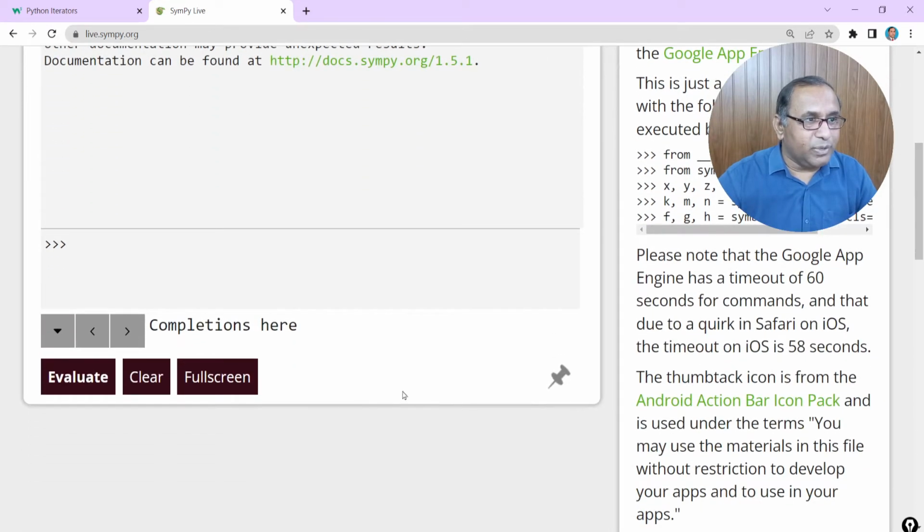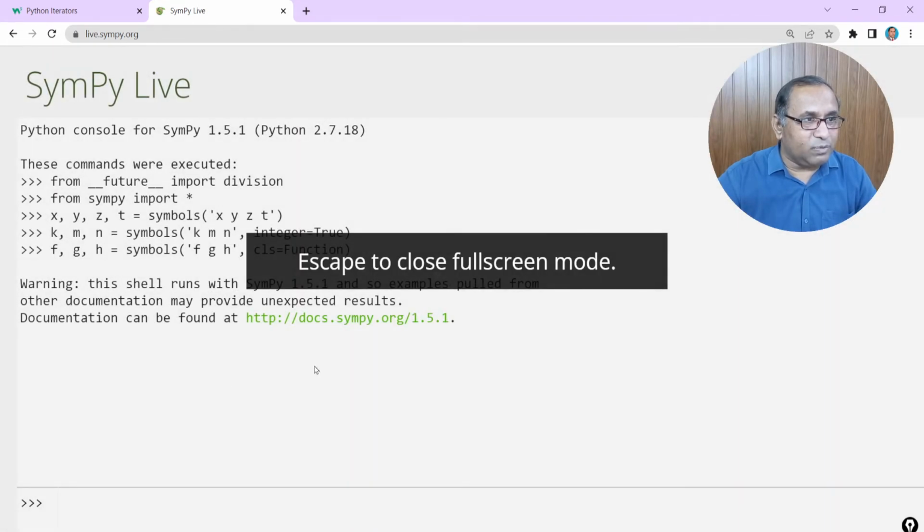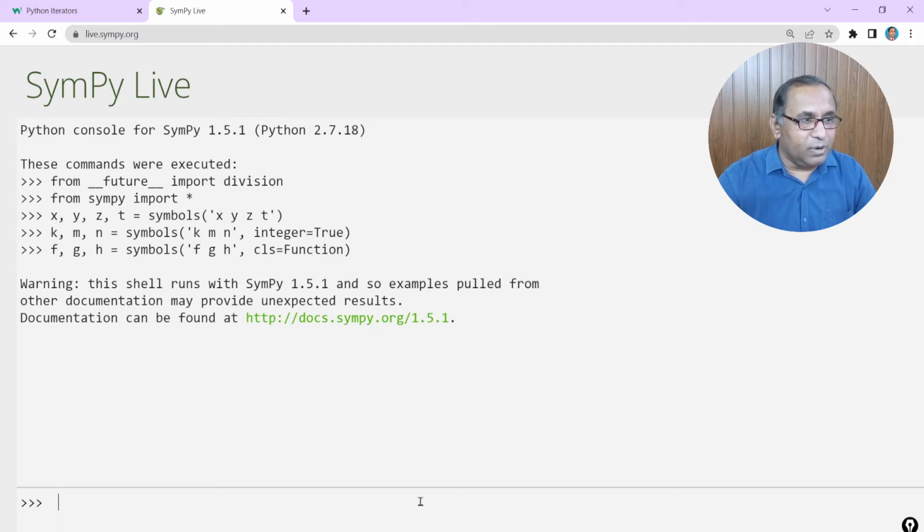Also, you can make it full size from this place. Now we perform all these operations here. Eq is the equation, and x comma y, and enter. So this will return x is equal to y.